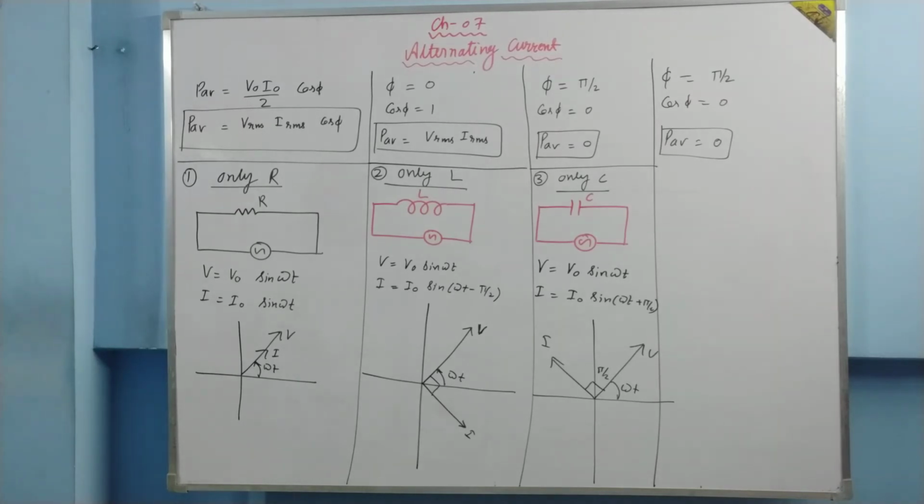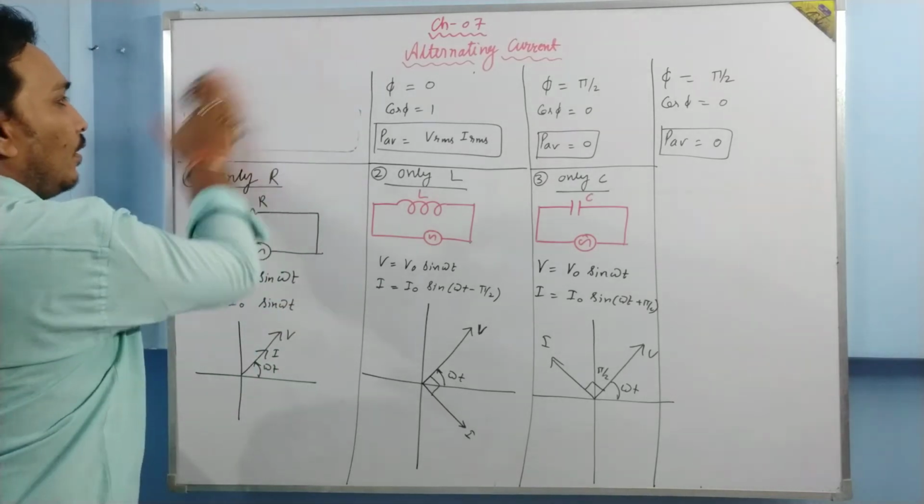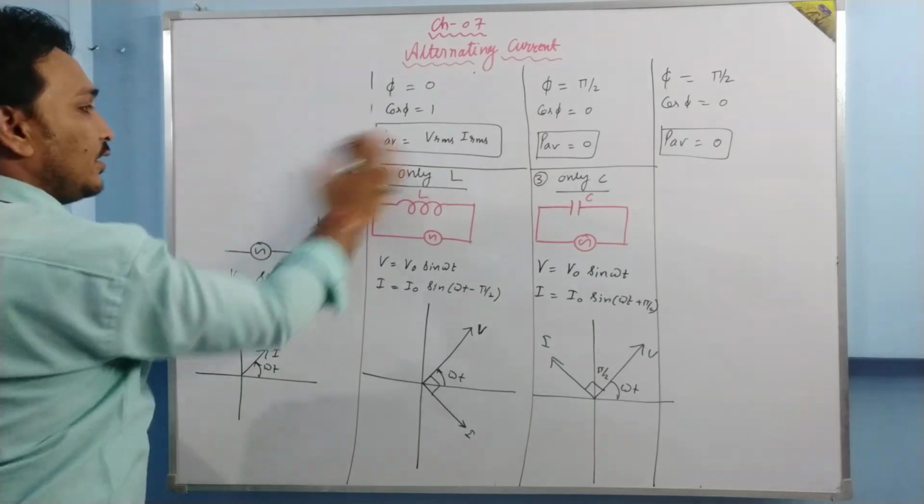So now let us move to the combinations. We have combinations. For the combinations, we have LR circuit, CR circuit and LCR circuit. Let me remove all this so that we can study the combinations.